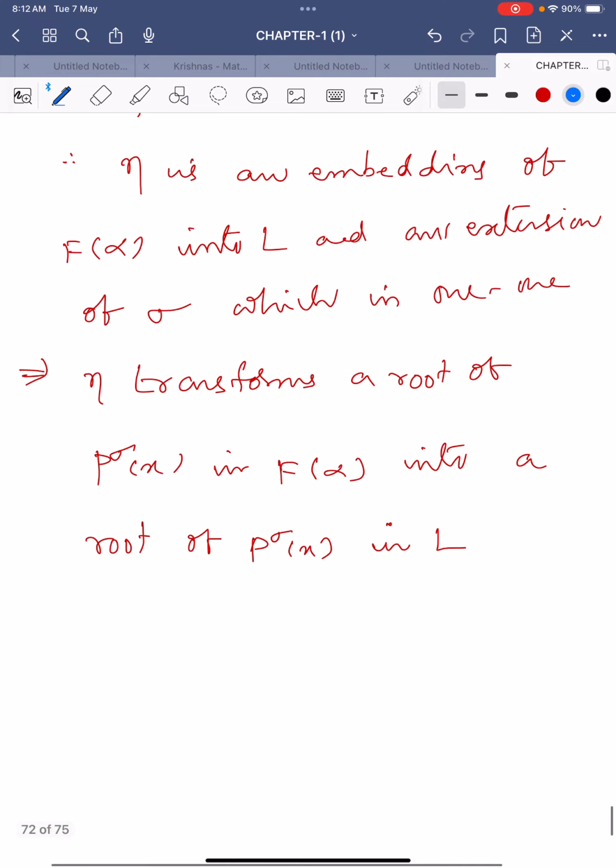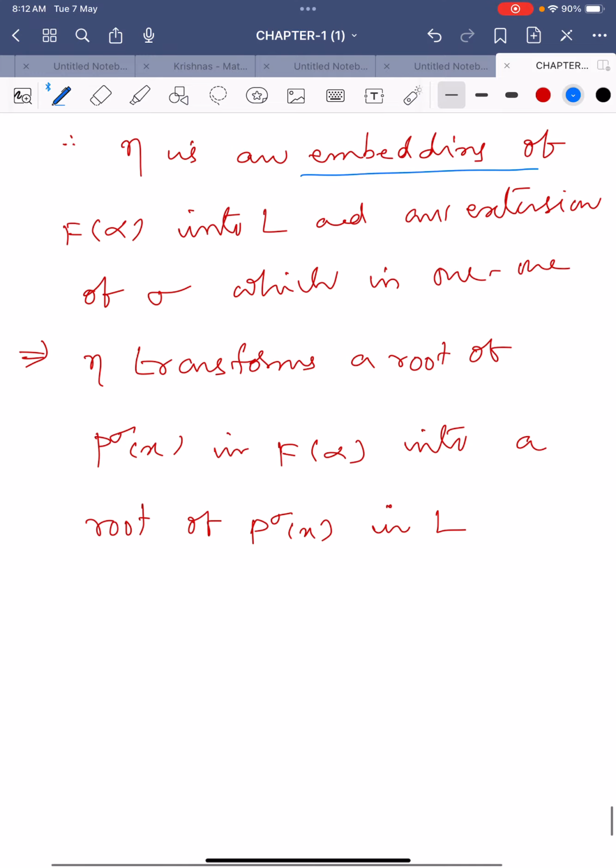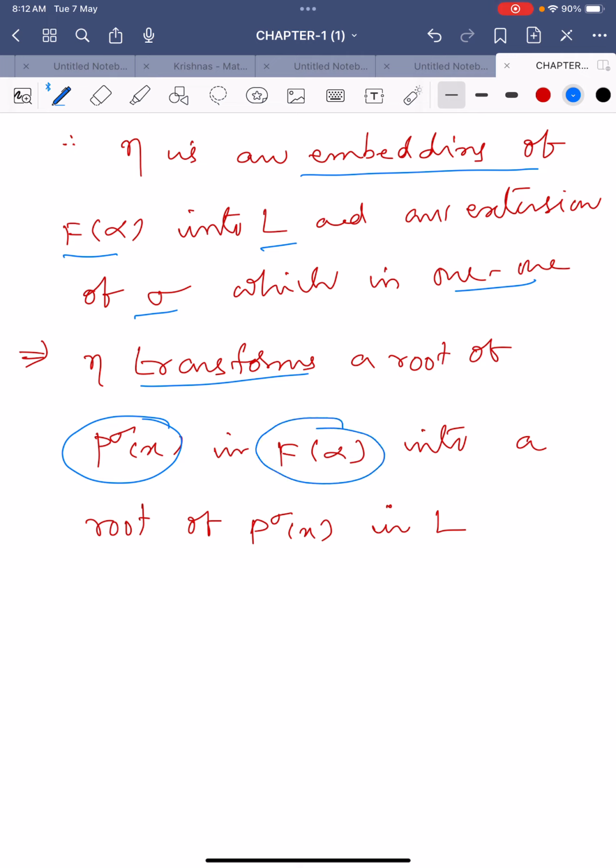Remember that, because eta is an embedding of F(alpha) into L and an extension of sigma which is one-one, eta transforms a root of P^sigma(x) in F(alpha) into another root of the same polynomial P^sigma(x) in capital L.